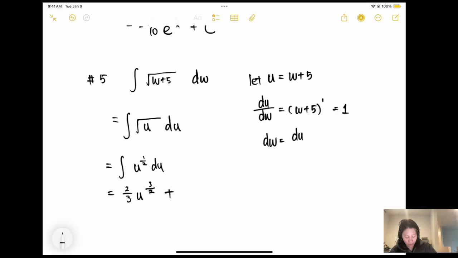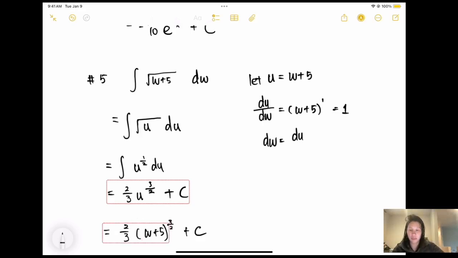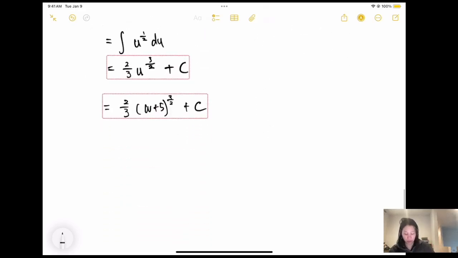We just need to add the constant term. Now we substitute the u back. That's it. Number 6 is very similar to number 5. You just need to replace the u with whatever is under the square root. So I'm going to skip number 6.